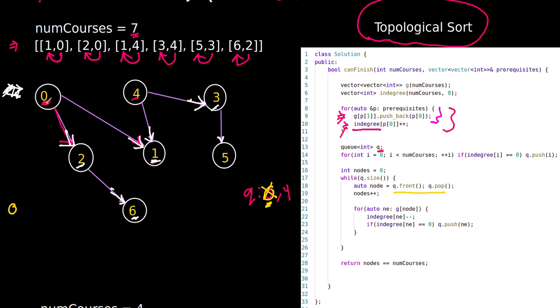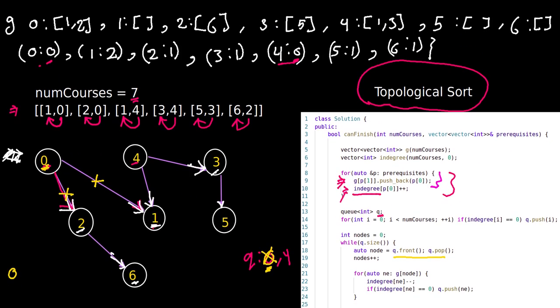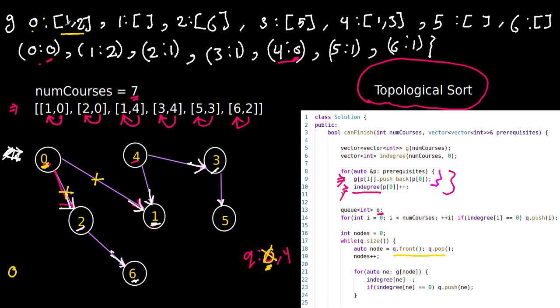Now, because we are taking this course, we are going to remove the edges, and by removing the edges we mean updating the in-degree of all the neighbors of 0. From the graph we get the neighbors of 0, 1 and 2, and we update their in-degree by subtracting 1. So the in-degree of 1 is 2 minus 1, which is 1.